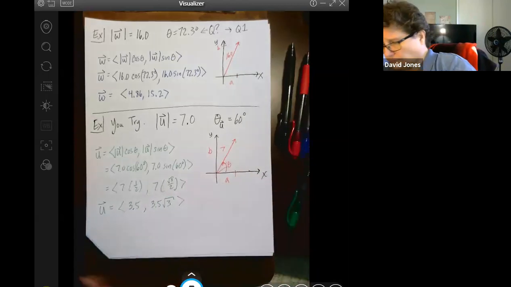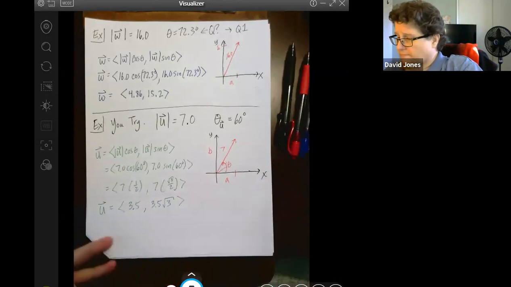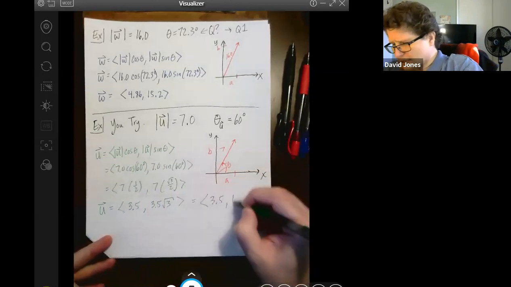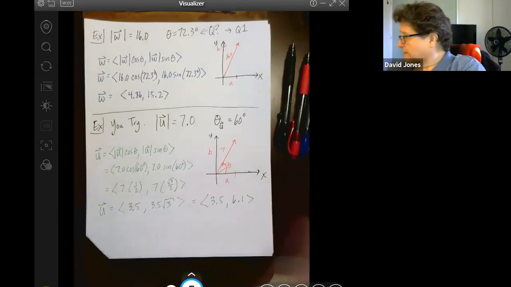And we can figure out what that is. (3.5, 6.1) to 2 decimal places or 2 figures.